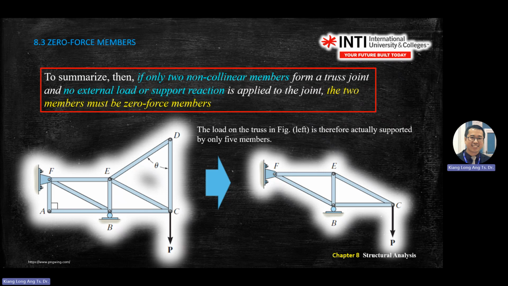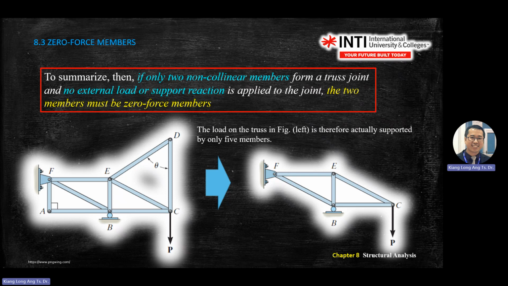It means if you see this in a question, you need to tell me by this statement which one is the zero force member. Then you need to draw a new diagram, then start analysis. Yes, you take out the zero force members. For example, you remove AF and AB, you remove DE and DC. You will become like this. So this is the way you simplify the problem.